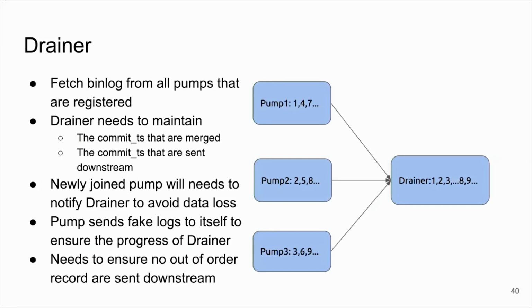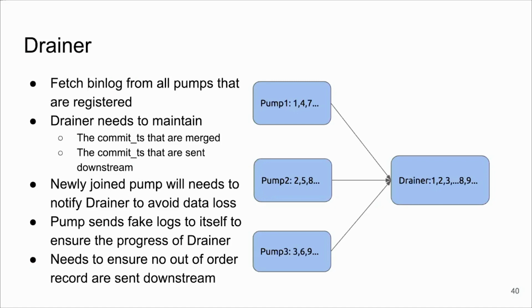Then how do you handle this case? If the pump is not able to recover, you cannot really make progress. Because if you don't consider that case and merge number 5 here, you basically lose some data.